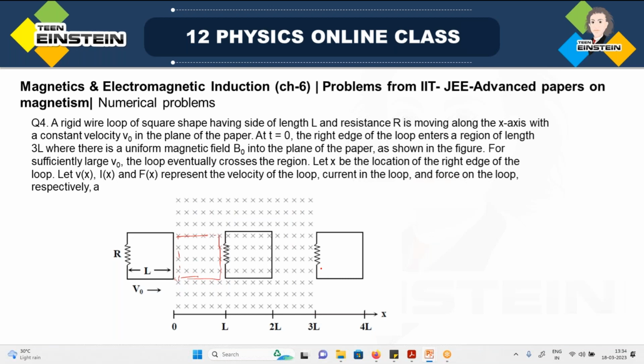But when it is at 3L to 4L, in this region, there will be no change in the flux, so there will be decrease in the current. Okay, decrease in current, right?